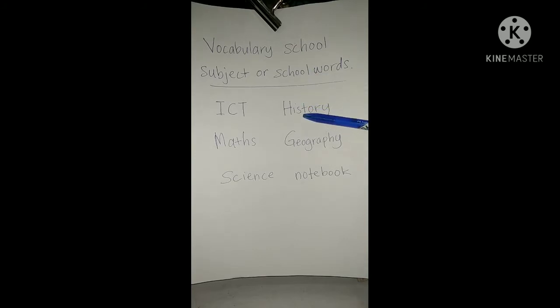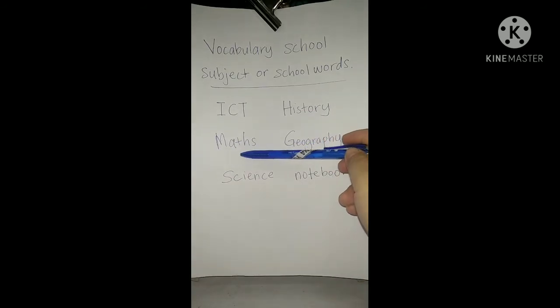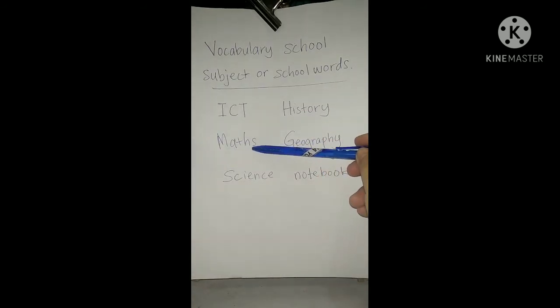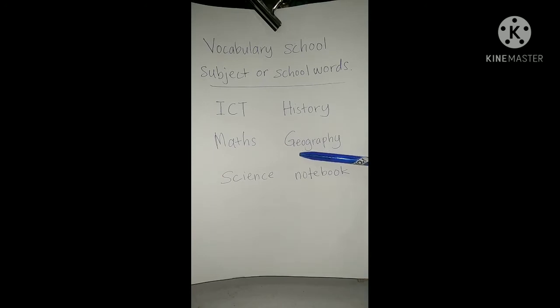That is history. The other subject is maths. Maths is a short form of mathematics, which is learning about numbers. The next vocabulary here is geography.